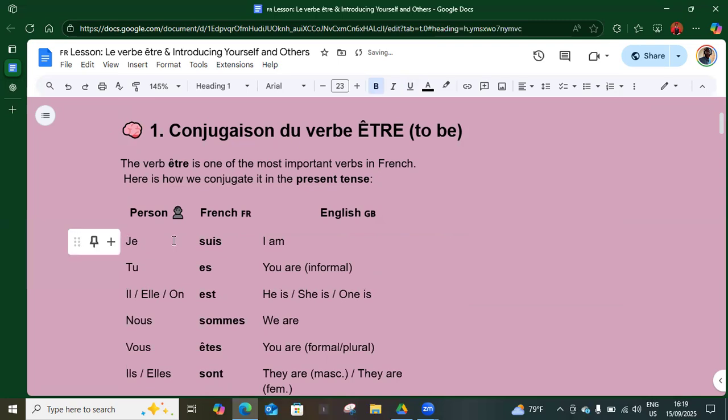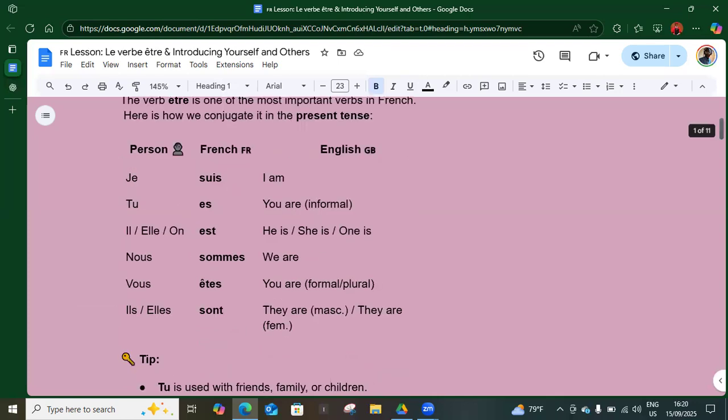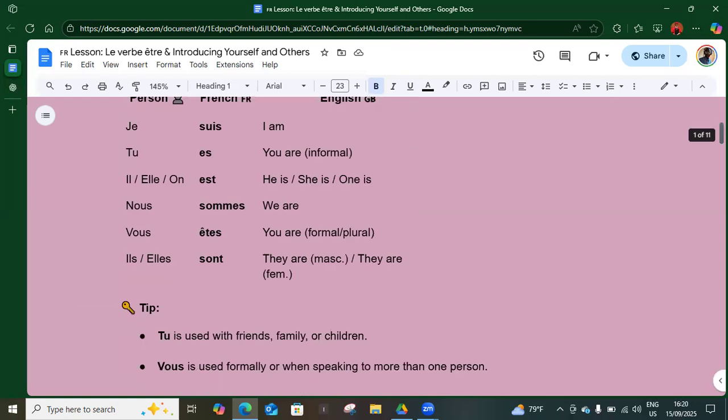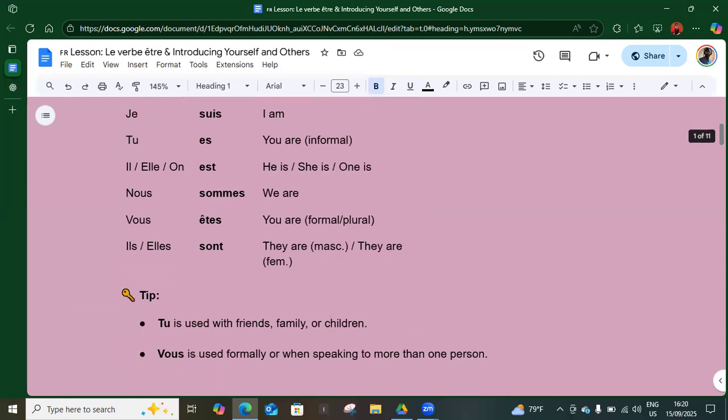Here we have je suis, tu es, il est, elle est, on est, nous sommes, vous êtes, ils sont, elles sont. Good. So take note that tu, which is you are, is used with friends, family, or children.